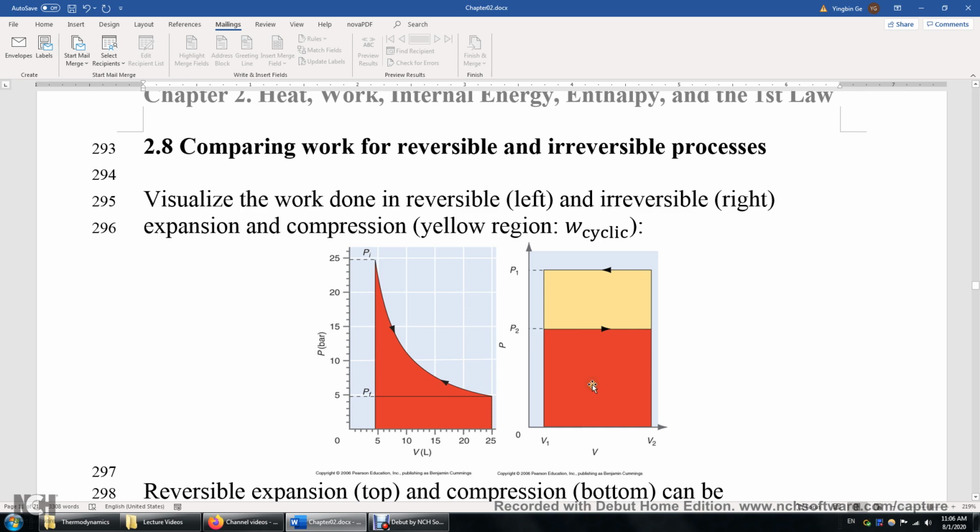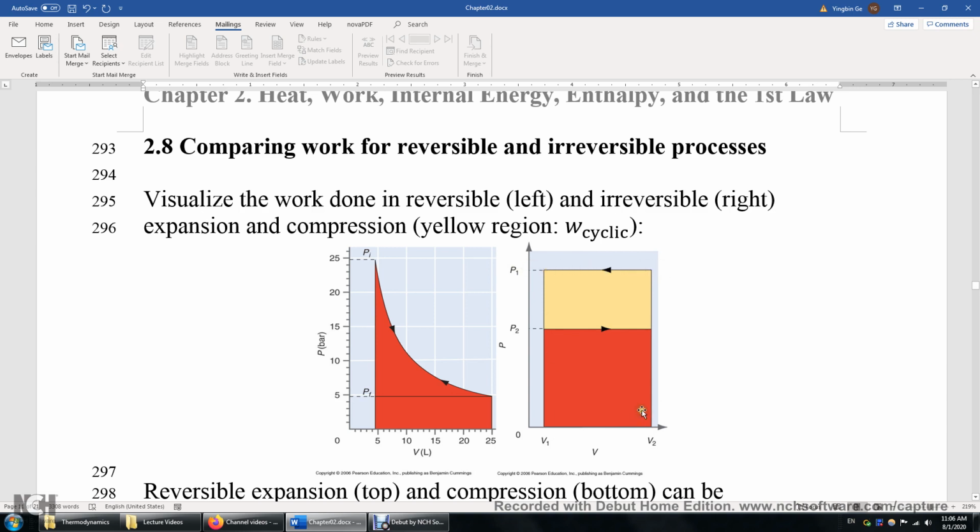When we compress the expanded gas back into its initial state, we need a higher external pressure than the system pressure. So in this case, the larger rectangle, the yellow plus the red, is the compression work. So this P1 is the constant external pressure.